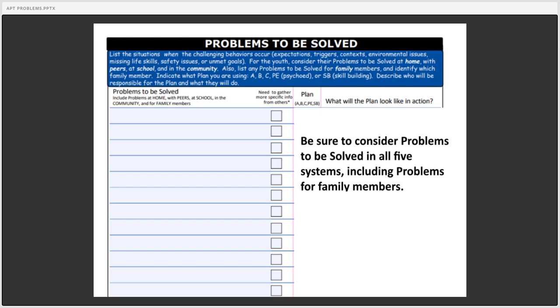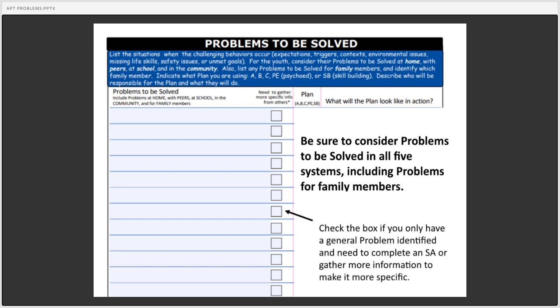Just like you did with the behaviors, thinking about all 5 systems, we want to think about what are the problems at home, with peers, at school, and in the community. And then we also want to consider, are there problems to be solved for other family members, right? So mom, whoever the caregivers are, siblings, whatever it is, are there problems to be solved that they need to have help with as well?